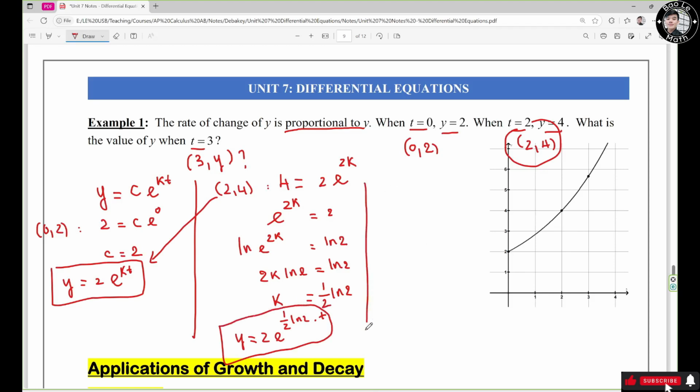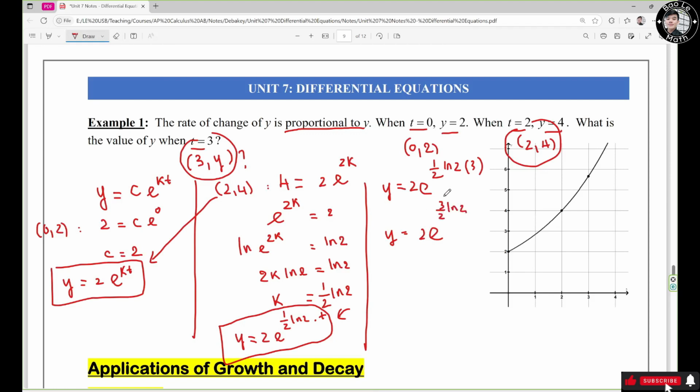Now finally, you're going to use this one to solve for y. Given t equals 3, substitute over here. So you have y equals 2 times e raised to the 1 half natural log of 2 times 3. So it's going to be y equals 2 times e raised to the 3 and a half natural log of 2.